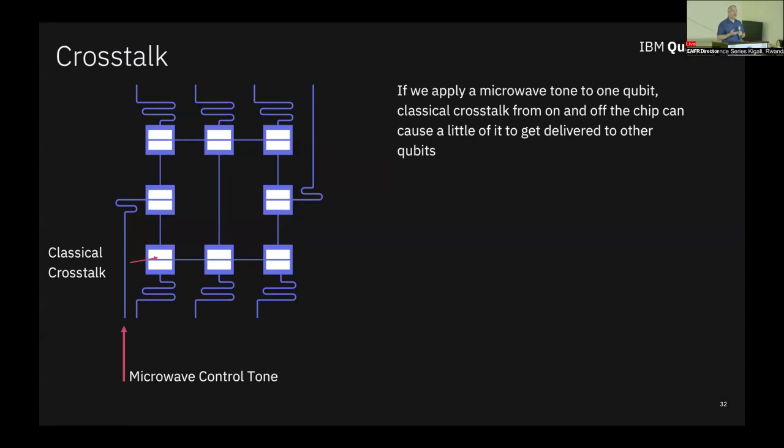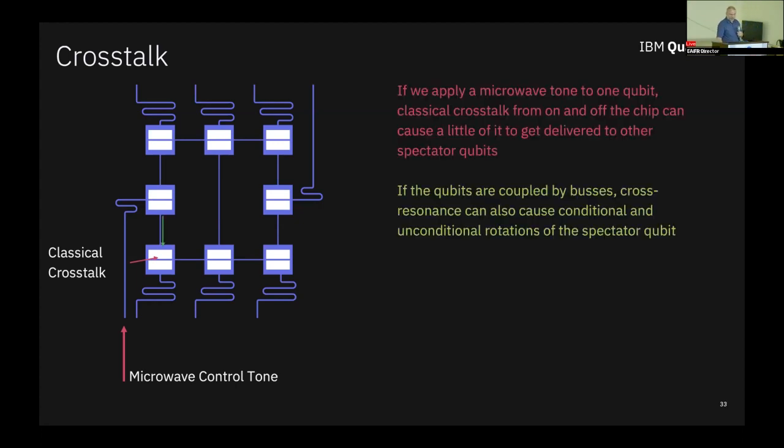Depending on how the wiring on my chip is routed, this crosstalk could actually go to a very distant qubit on some other corner of the chip. And that totally breaks the way that we estimate our noise models. So this is a really bad thing that we would like to avoid. Of course, our qubits are also coupled on the chip, and that looks a little bit like crosstalk, and we have to be able to disentangle these effects.